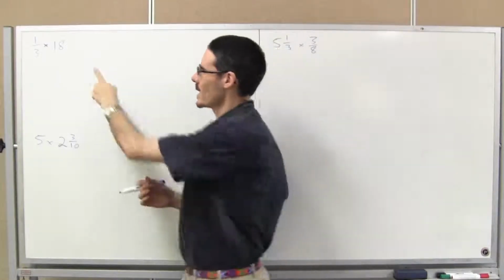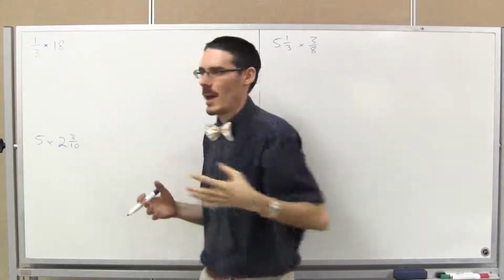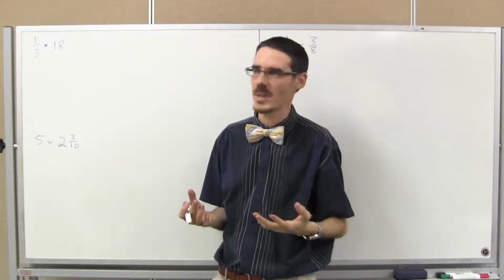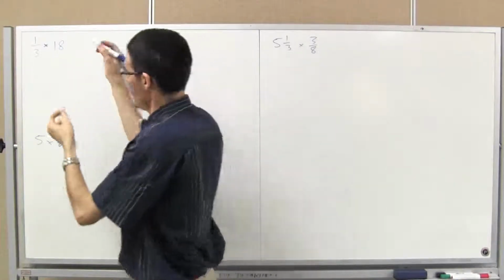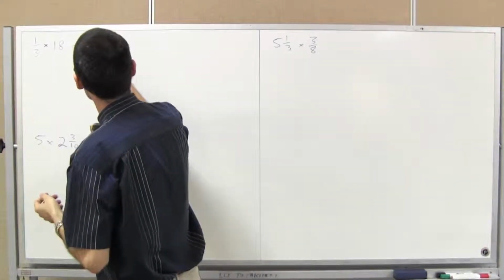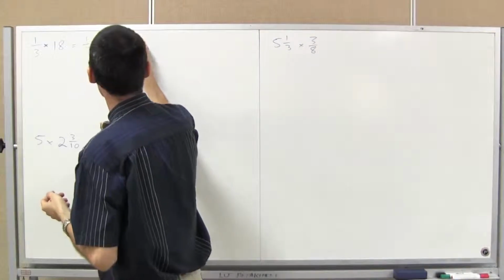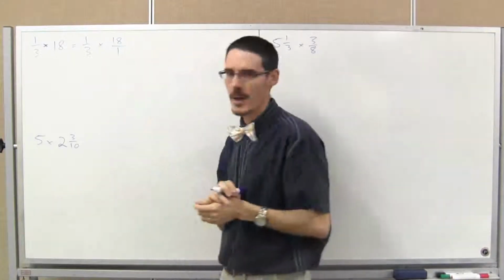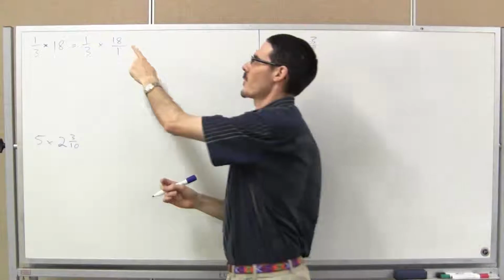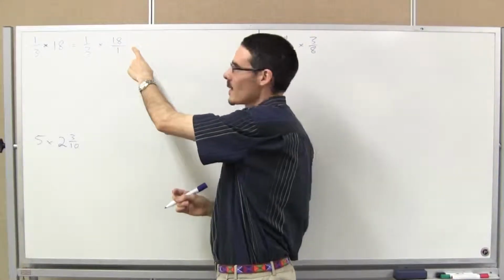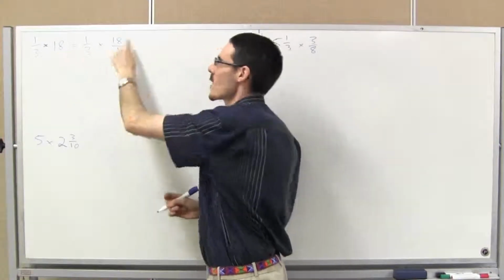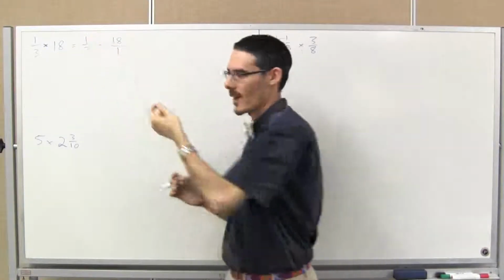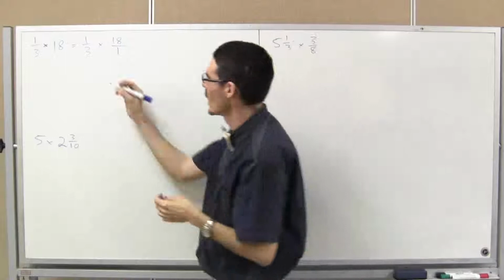How can I write 18 as an improper fraction? Because this is just a mixed number. It's just there's no fraction part. Well, in fact, I can write it as 18 divided by 1. The fraction line just means divide, and if I divide 18 by 1, I haven't changed it. So this now is a fraction, and I can use the same algorithm.